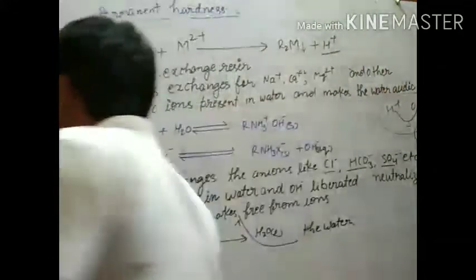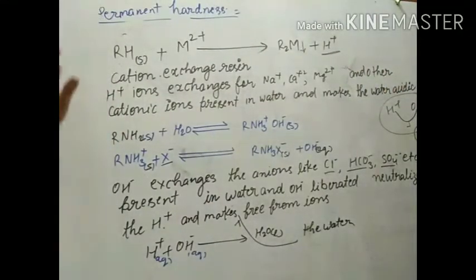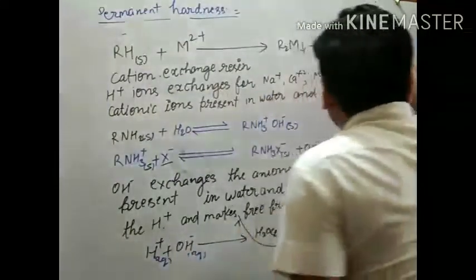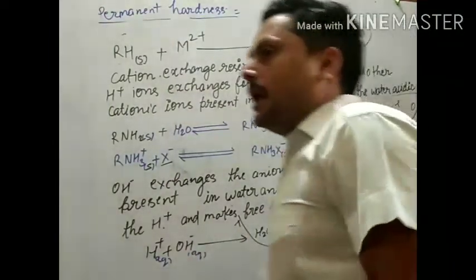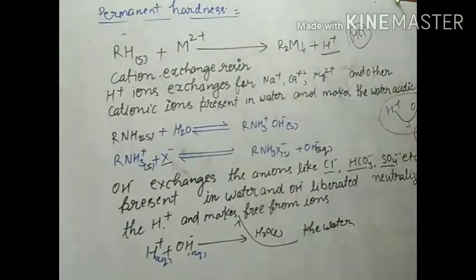And when the cationic and anionic resins are exhausted, when the cationic resin is passed through HCl, it can be regenerated.